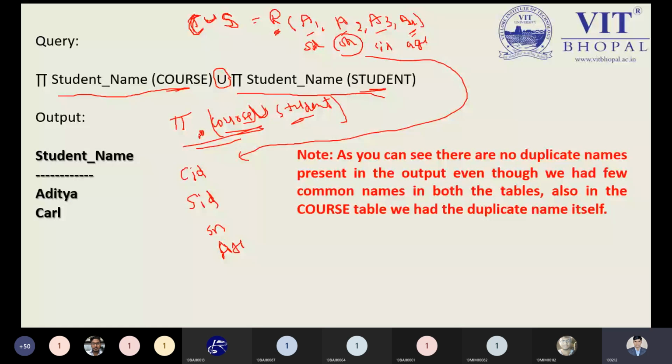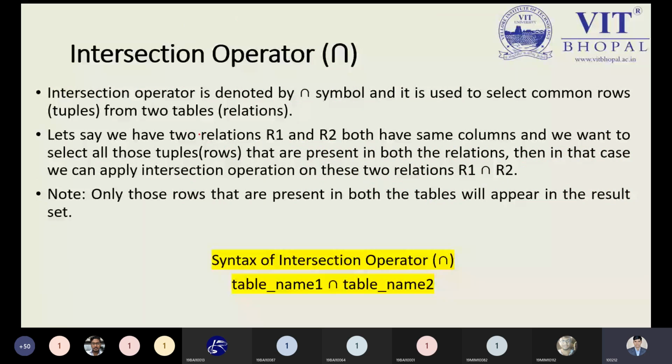Okay, so here we have the next operation, that is the intersection operator. Just like the union, there is no issue with the common attribute, and duplicacy we can avoid.